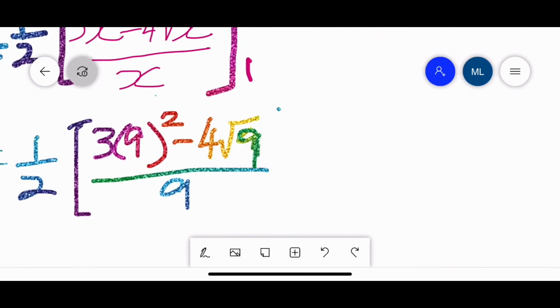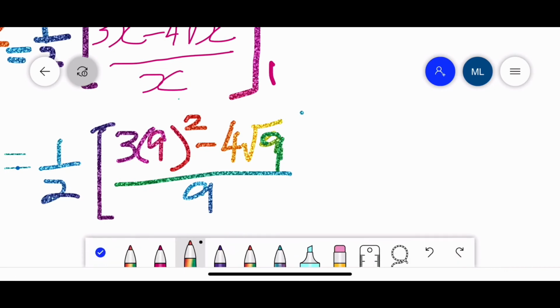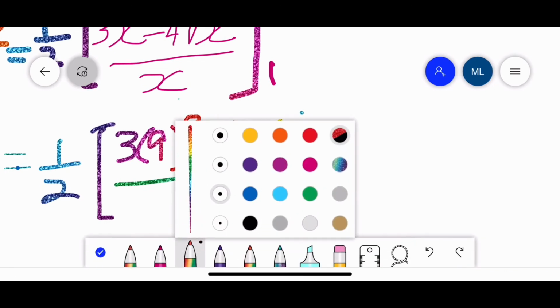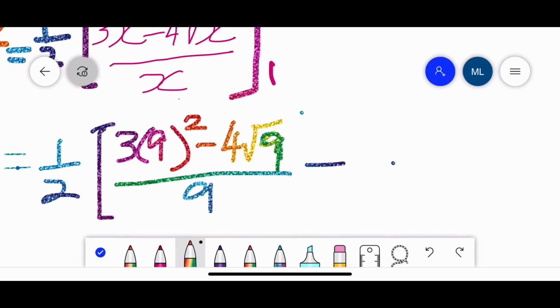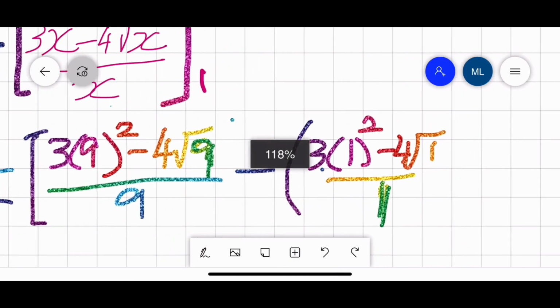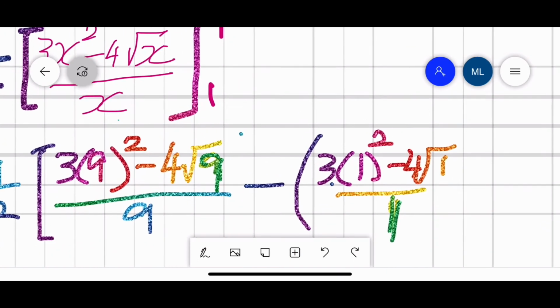And minus, don't forget, you have to minus the lower limit. When you minus, you must put a bracket, because you have two terms. Many students tend to forget to put a bracket, so you will get everything in a mess. So always remember, when you are minusing more than one term, you have to put a bracket.